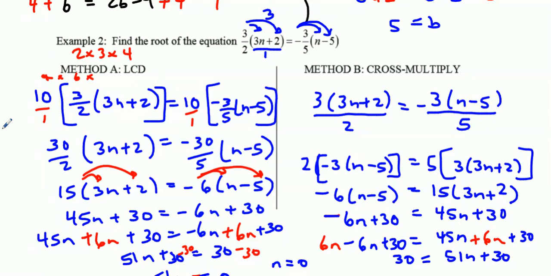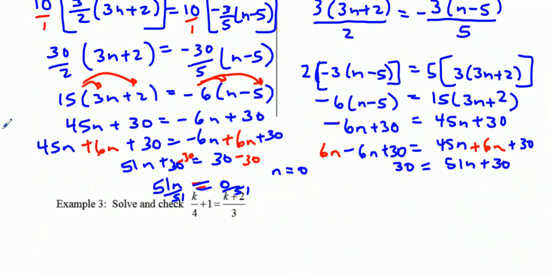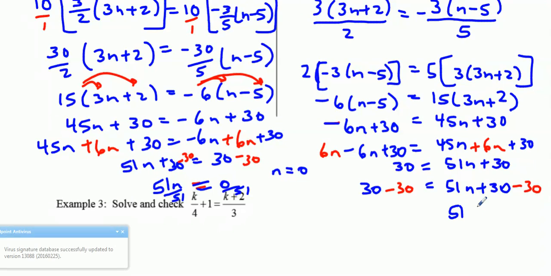Okay, and then of course to get rid of the plus 30, I need to subtract 30 from both sides. So 51n equals 0.